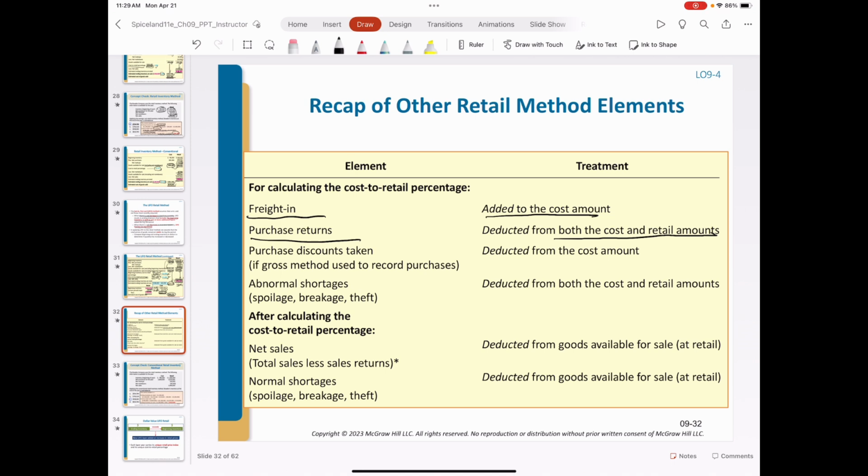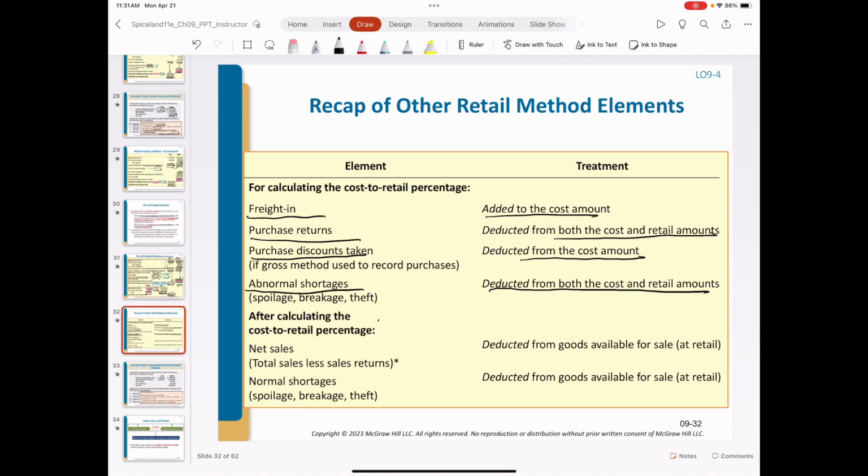When the purchases are returned, both cost and retail value decrease. Purchase discounts are only deducted from the cost amount because they have an impact on the cost of purchase. So this is a discount from the supplier. And abnormal shortage is deducted from both cost and retail amounts.